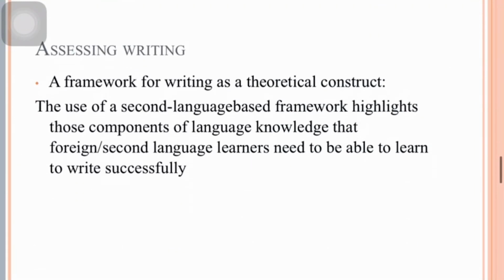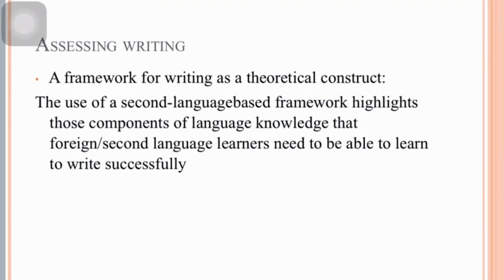And then a framework for writing as a theoretical construct. The use of a second language based framework highlights those components of language knowledge that foreign or second language learners need to be able to learn to write successfully.